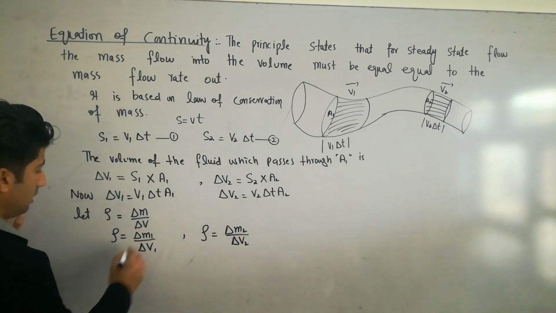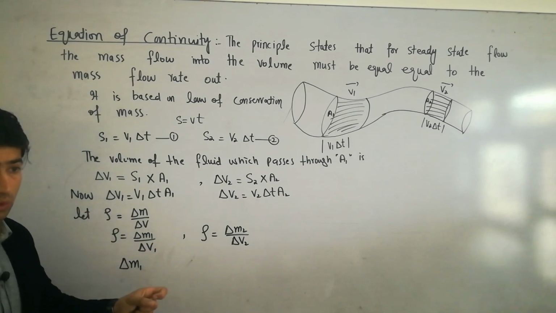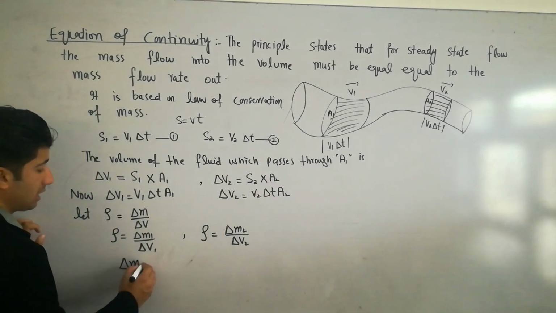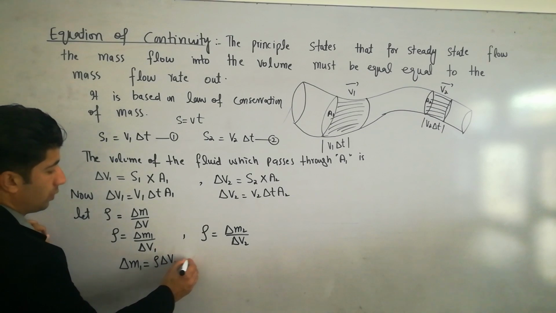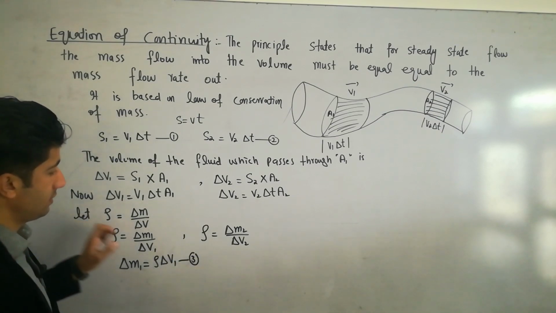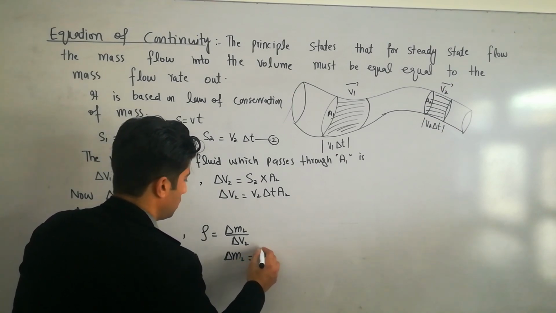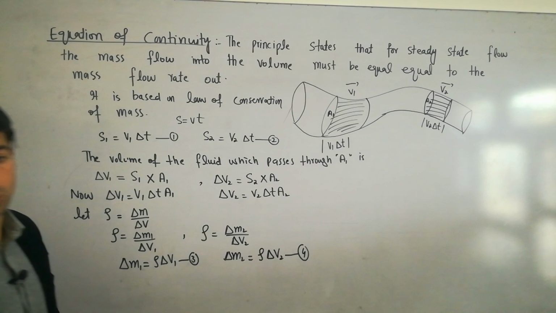Okay. Let delta M1 be the mass of the fluid which passes through area A1. So it becomes equal to rho delta V1. Let's say this is equation number 3, and similarly delta M2 becomes equal to rho delta V2. Let's say this is equation number 4.